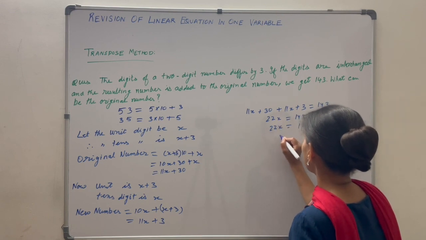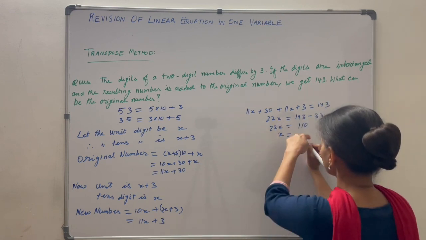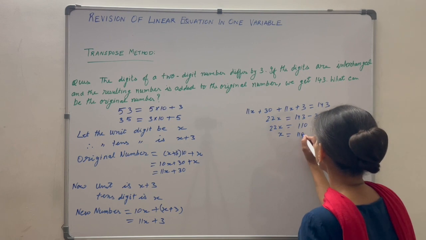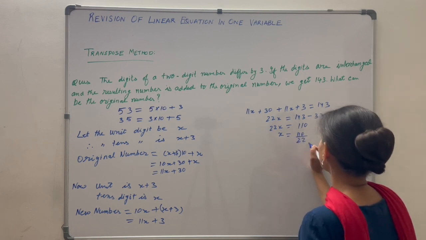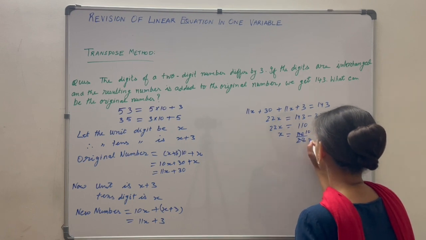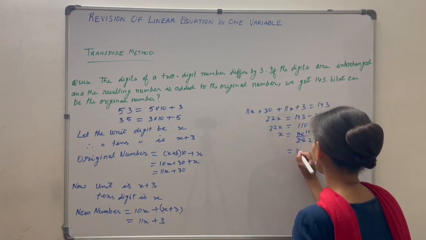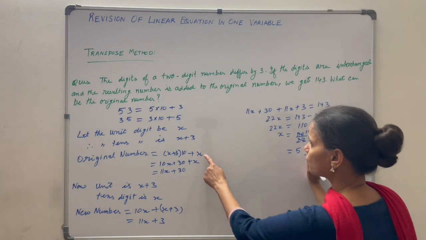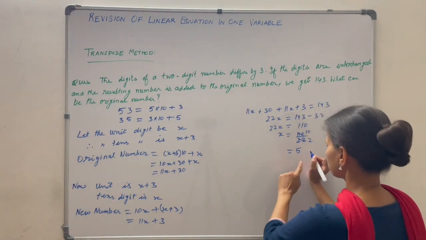This is 22x. So x here is multiplied. When it goes to the other side, it will be divided. So you can cancel this: 11 ones are 11, 11 twos are 22, and 110 divided by 22 is 5. So you get the unit digit x as 5.